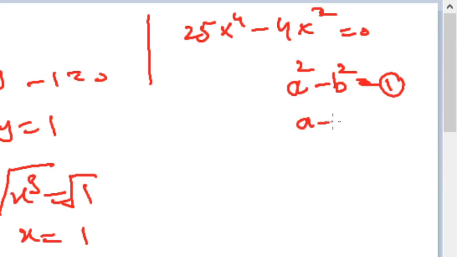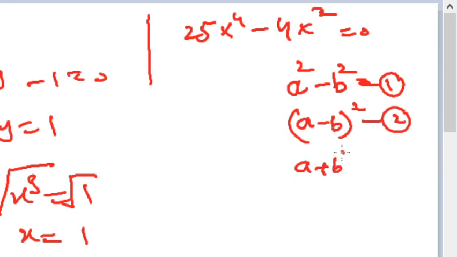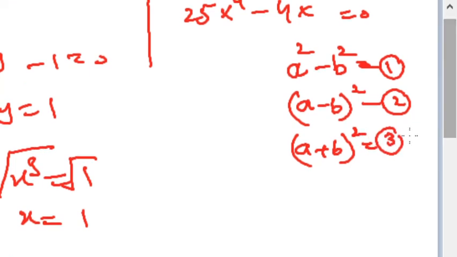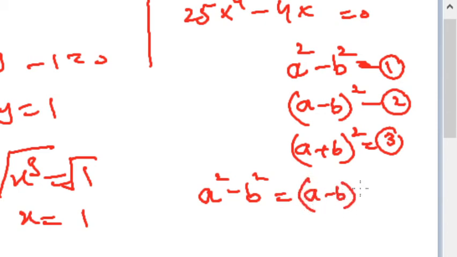The other one was this, a minus b whole square. The third one was this one. First I'm doing these. I'm just taking a few minutes. A square minus b square is basically a minus b into a plus b. That is the rule, that's the formula.